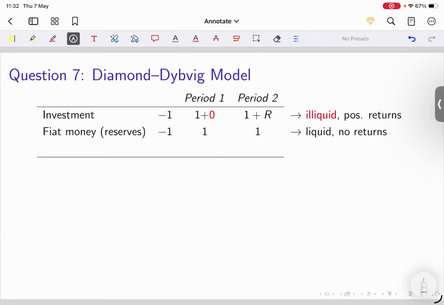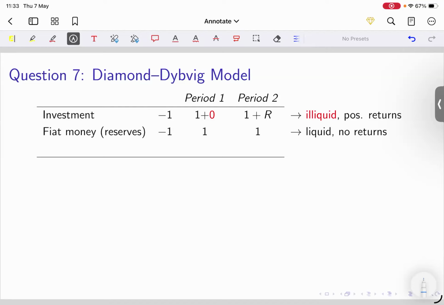Deposits at commercial banks are one of the main forms of liquid assets held by the public. In the Diamond-Dybvig model, a large number of risk-averse households each saves 1 unit of income in period 0, but does not know when the savings will be spent.